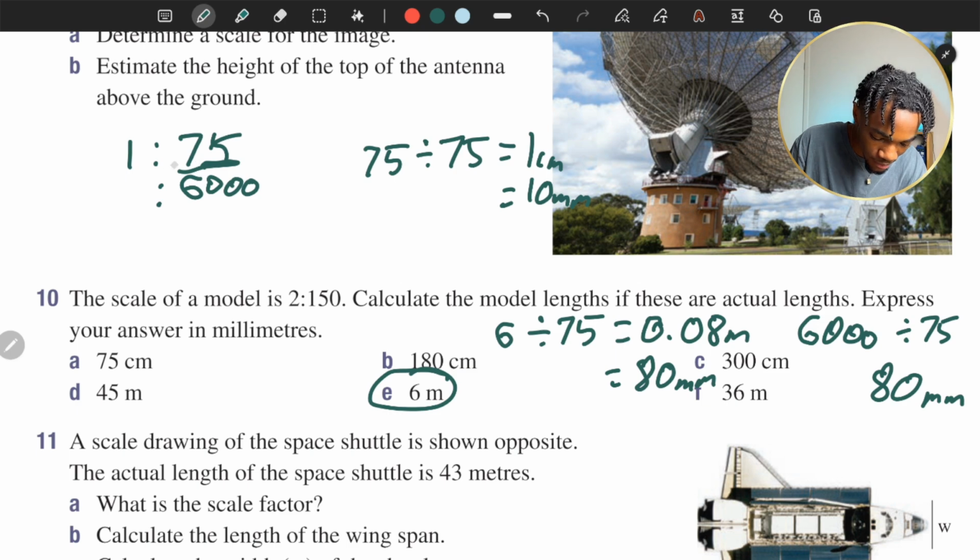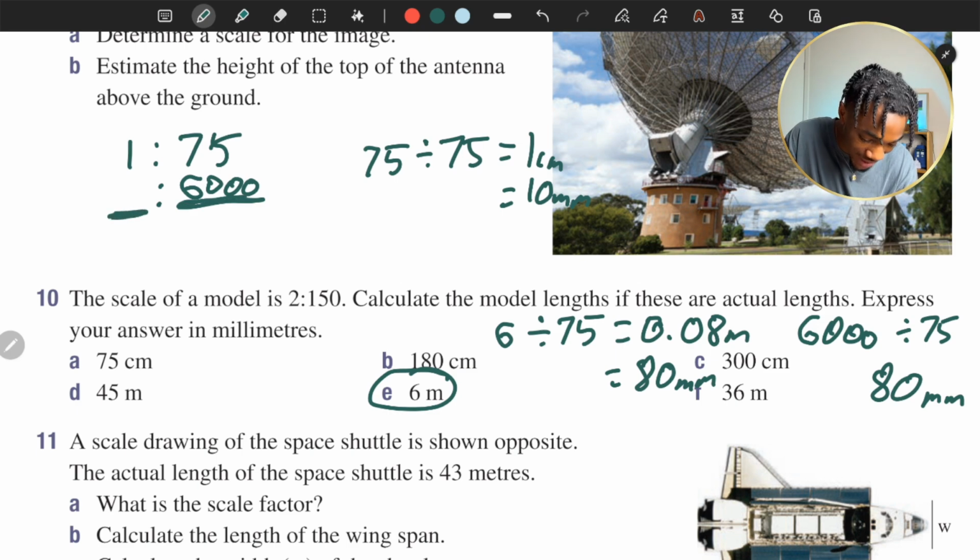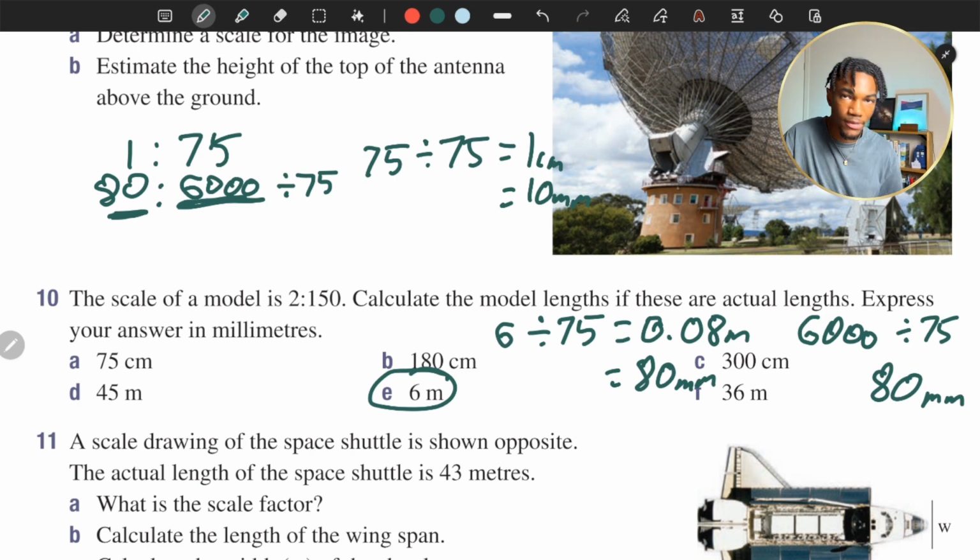We divided this 75 by 75 to get 1. The same is true for this one. If we want to get 6,000 over here, we're just going to have to divide by 75, and we get 80.